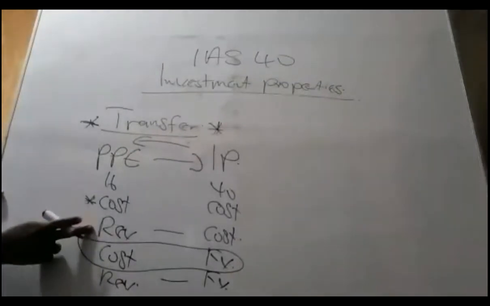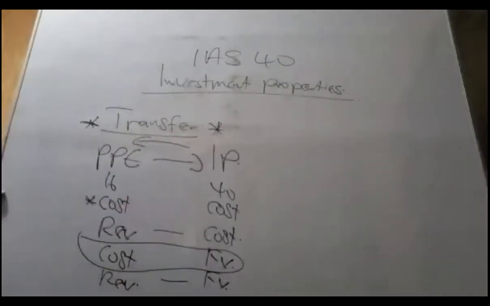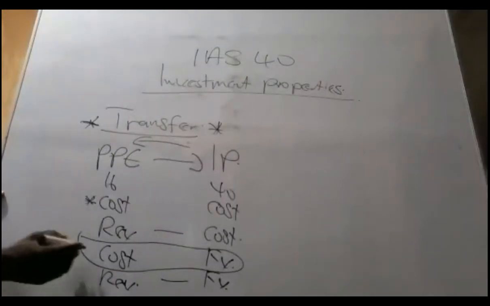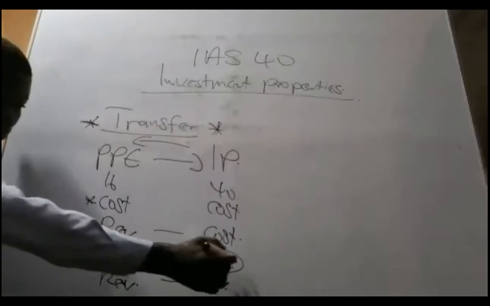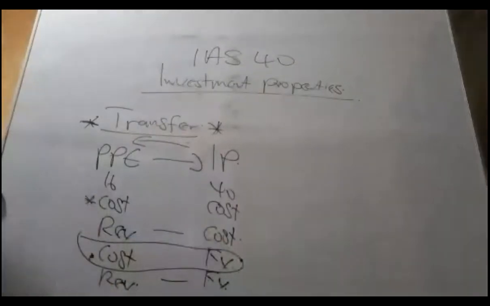Then revaluation to cost is not too difficult. But from cost model to fair value model, there are some accounting boundaries, some points where we have to do some calculation.